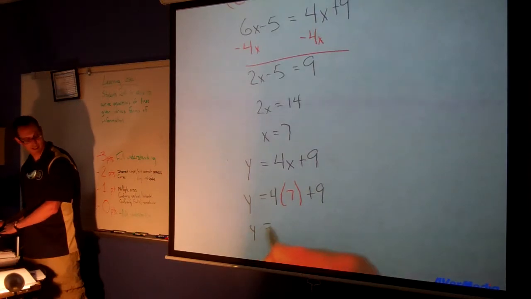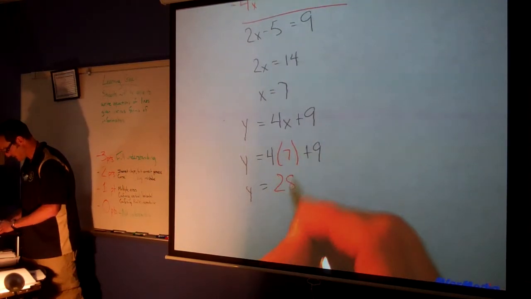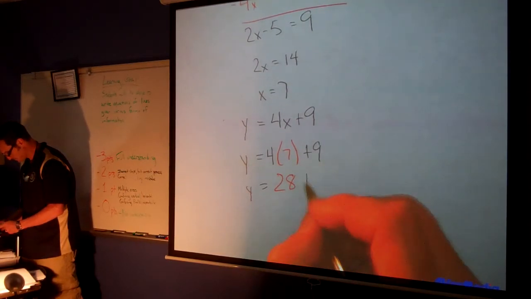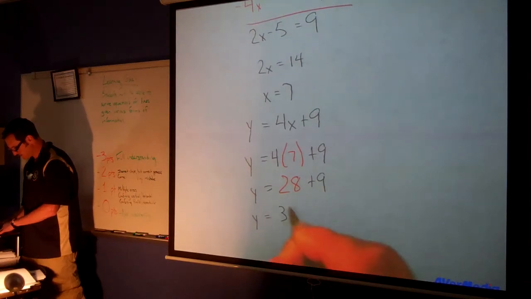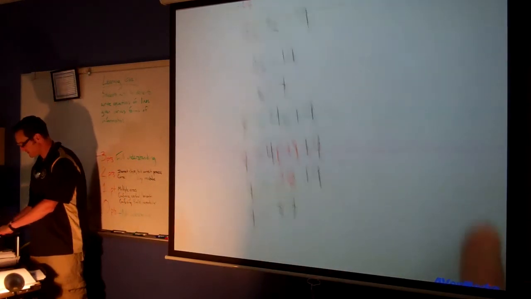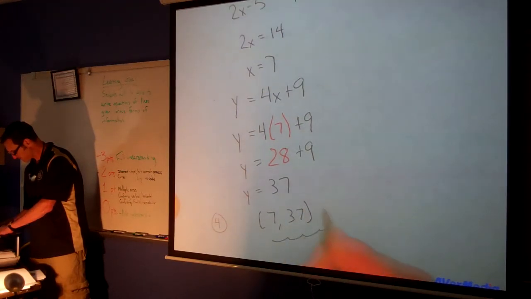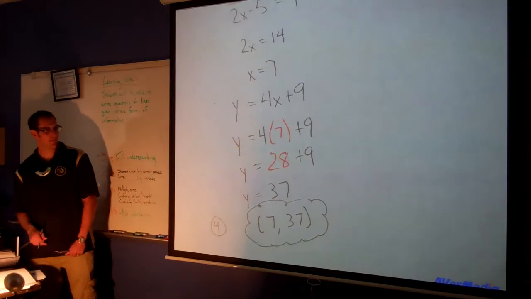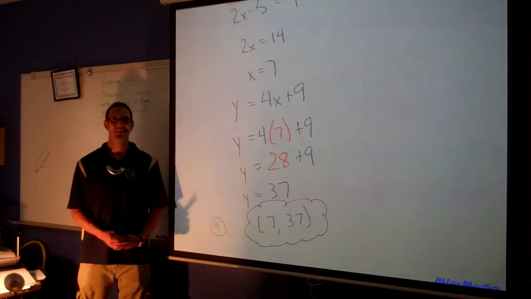So the process doesn't have to take forever, unless you're switching colors for your pens like I am. So now we know, if x is 7, y is 37. Remember step 4, put that down as your ordered pair. X is 7, y is 37. There's my ordered pair. That's the ordered pair where the two original equations intersect.